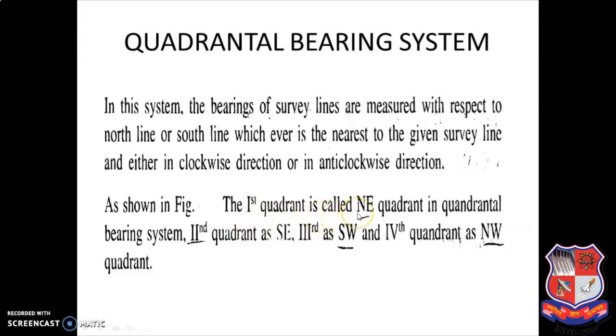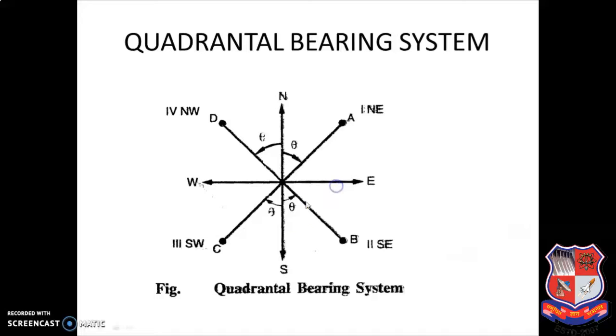The first quadrant is called northeast quadrant in quadrantal bearing system. Second quadrant is called southeast, third quadrant southwest, and fourth quadrant northwest quadrant. You can see the figure. This is the figure. Your north direction, east direction, south direction, west direction. Your whole quadrant is divided into 4 parts, 4 zones, 4 quadrants.